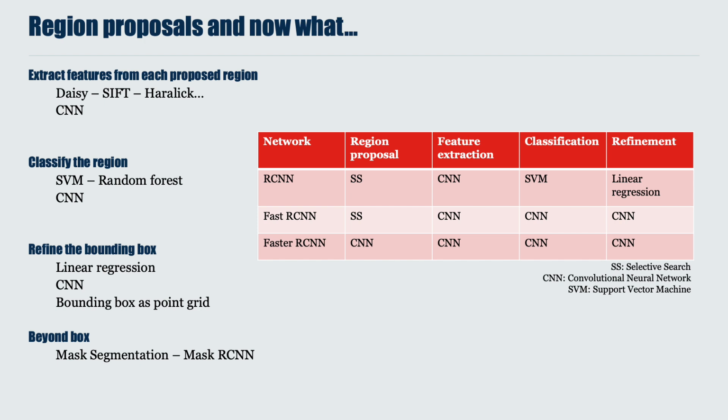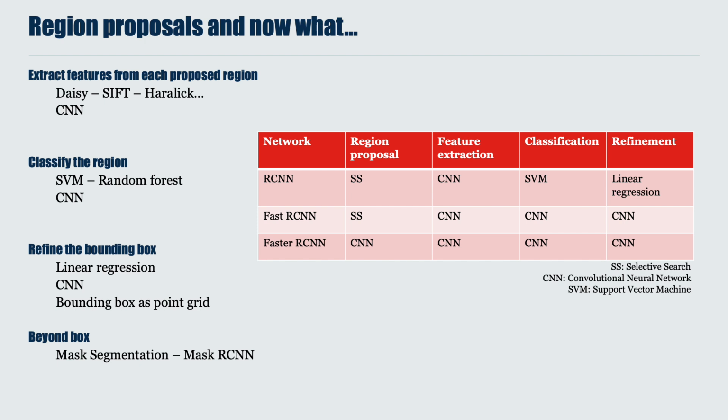And beyond the box, once you have properly detected and localized a classified object, you may want to do instance segmentation of each object, meaning that you need to classify each pixel within that box as belonging to the object or not. That's the mask segmentation that can be, for instance, done through Mask RCNN, which is a typical object detection framework.